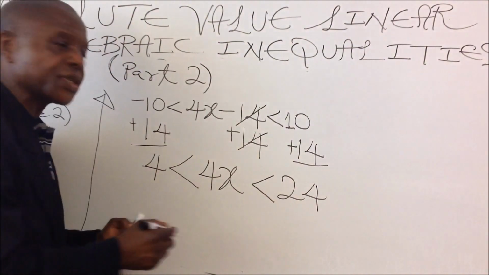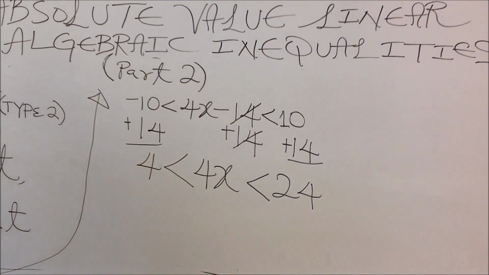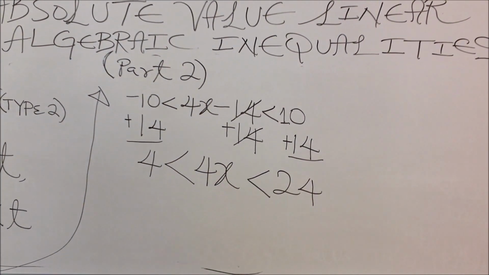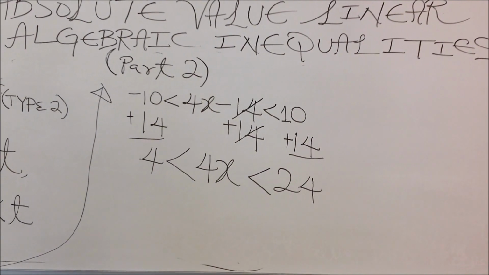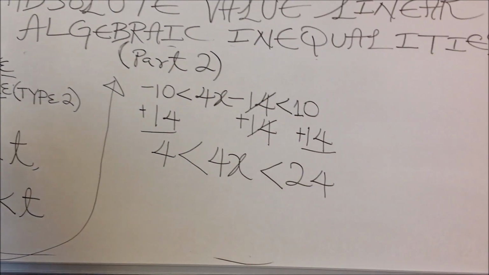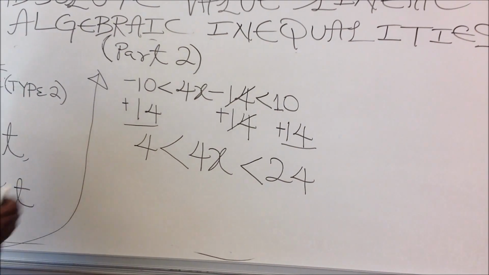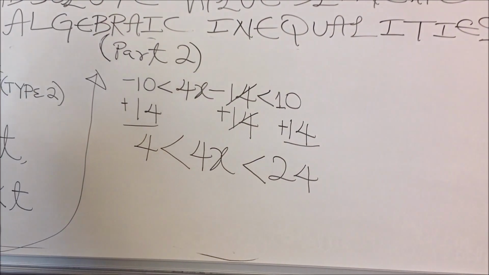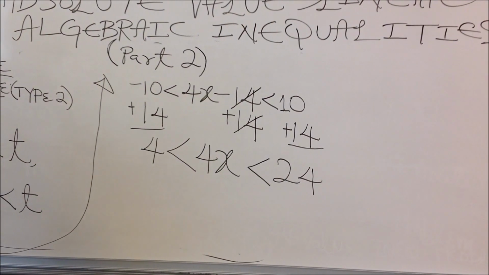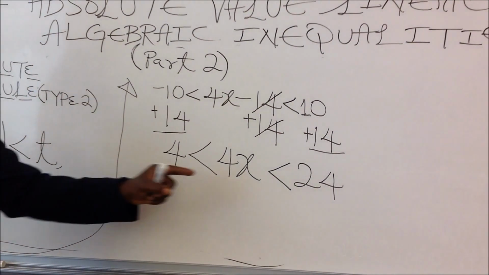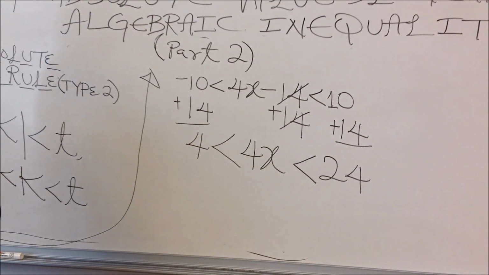So what will be our next step in this strategic problem solving process? Of course, notice that 4x is what we have here, but what we desire is x, the variable x. That's what we're solving for. So we want to have x here in the middle.